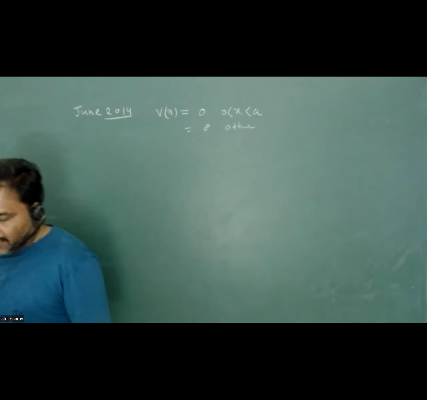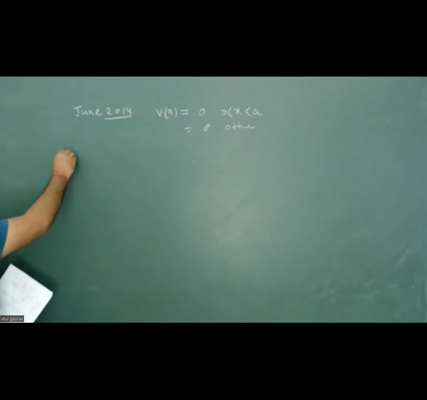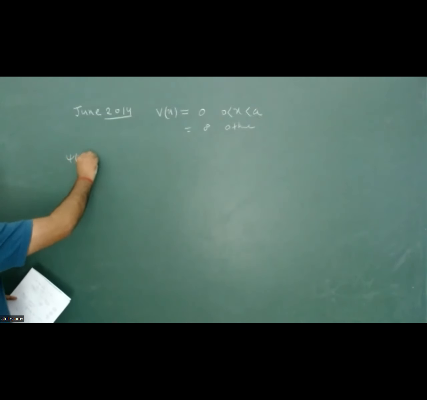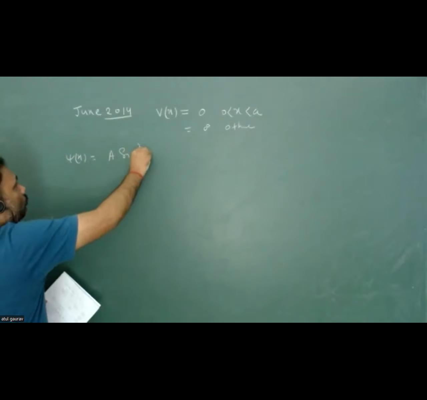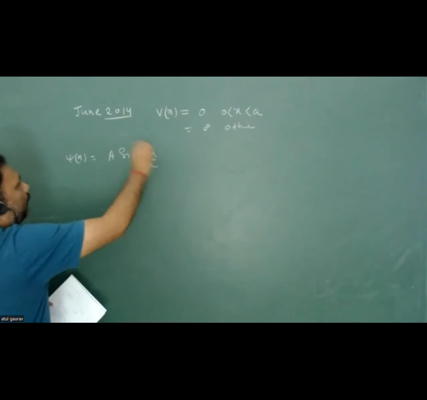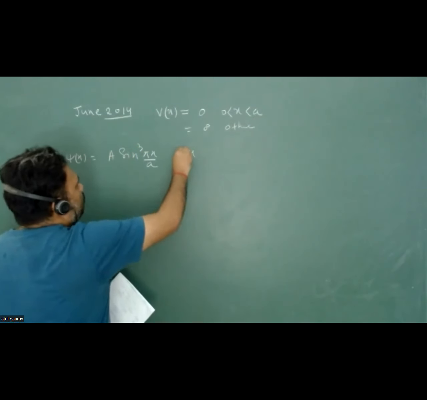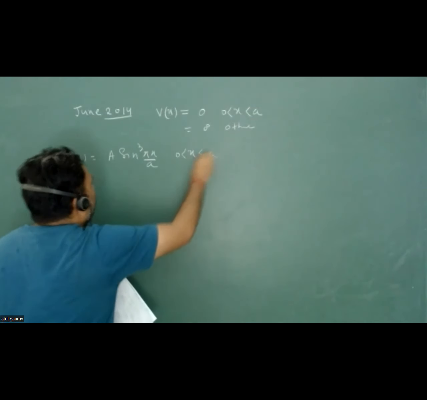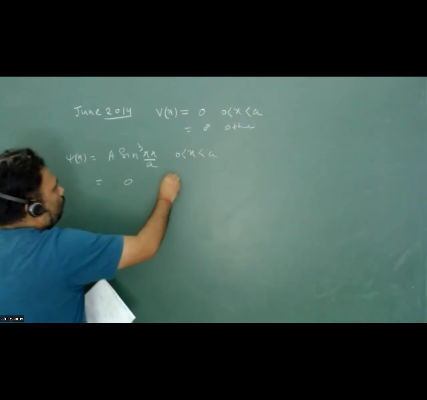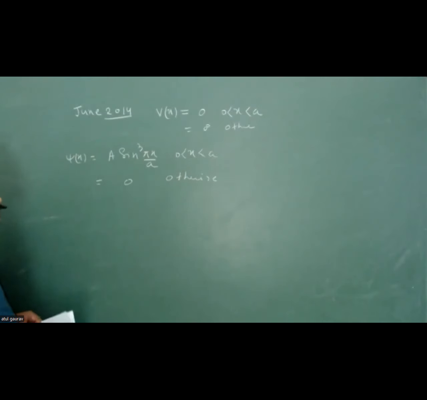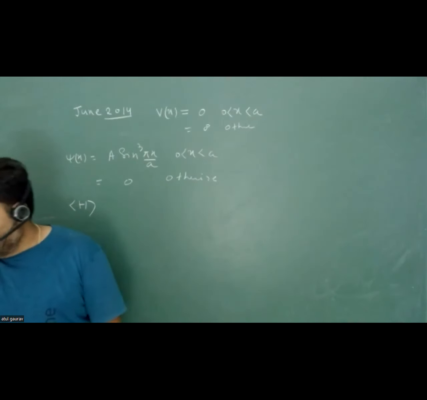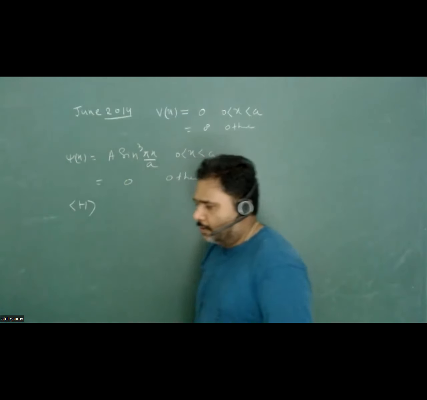They have given that psi(x) is equal to A sine cube of pi x by a, where x is between 0 and a, and 0 otherwise. And they ask what will be the average value of energy?